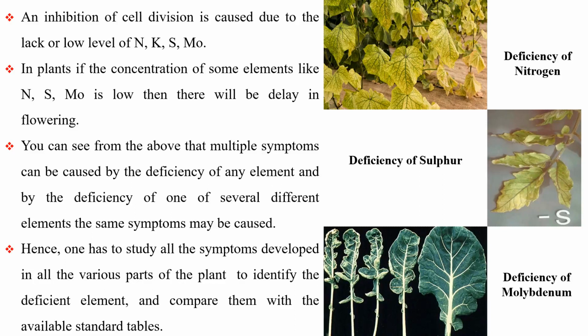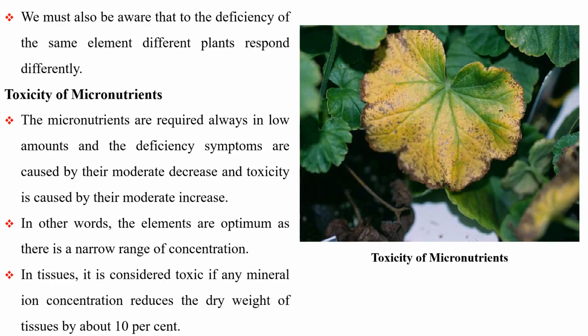Hence, one has to study all the symptoms developed in all the various parts of the plant to identify the deficient element and compare them with the available standard tables. We must also be aware that to the deficiency of the same element, different plants respond differently.